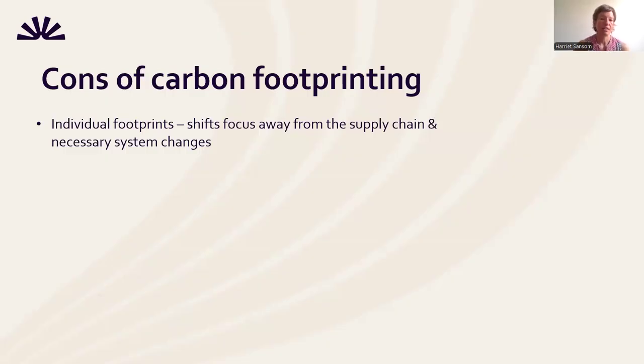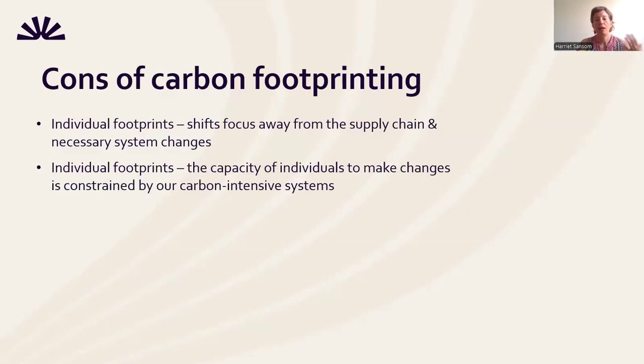And there's been huge criticism of that, in that there's the potential for it to shift focus away from the supply chain. And recognising also that the capacity of individuals to make changes at the scale and speed that is required to bring our emissions in line with statutory obligations is severely constrained by our carbon intensive systems.